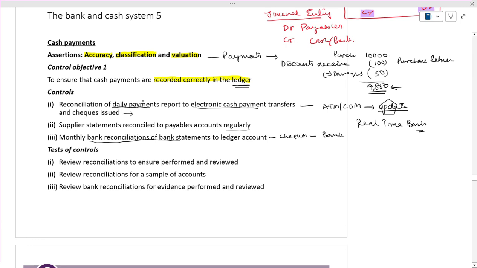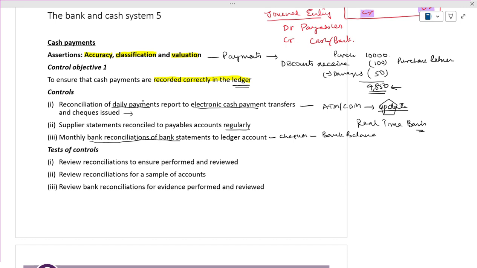That is the reason. The bank will send a bank statement to the company every month promptly. In some banks it will be done at the end of the last day of the month.